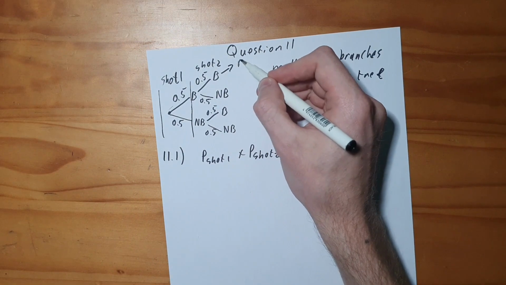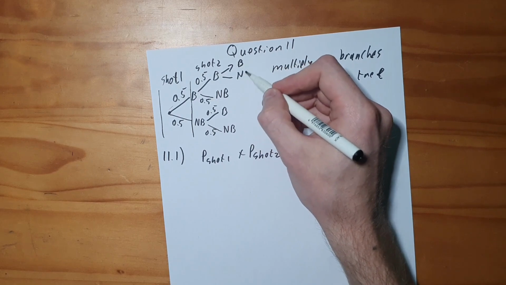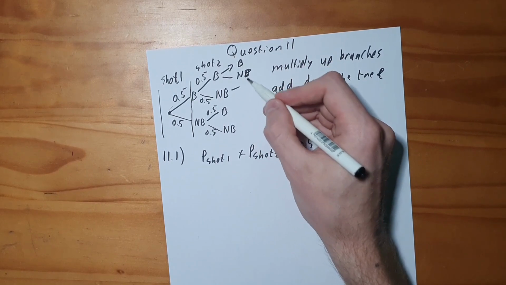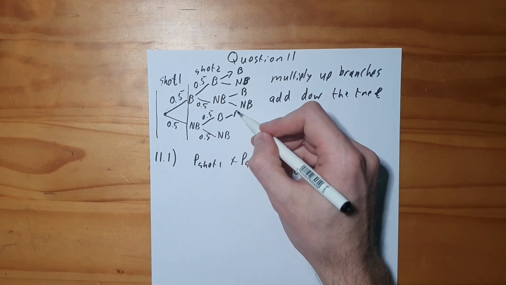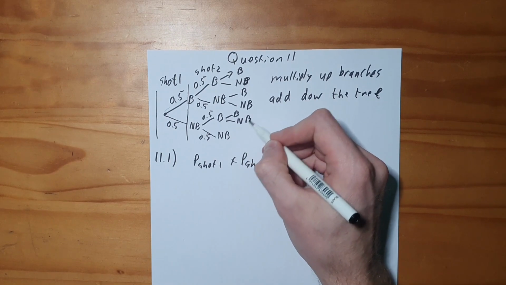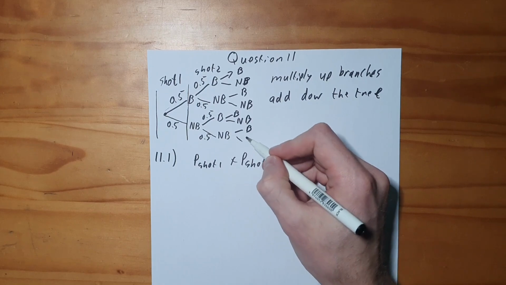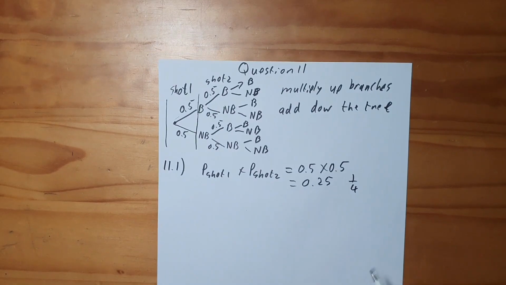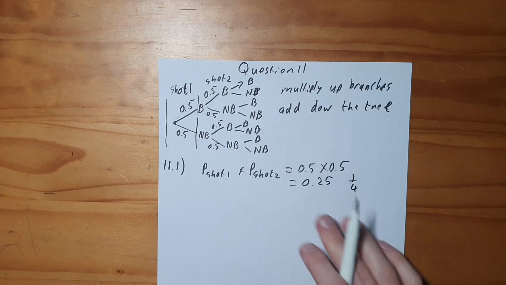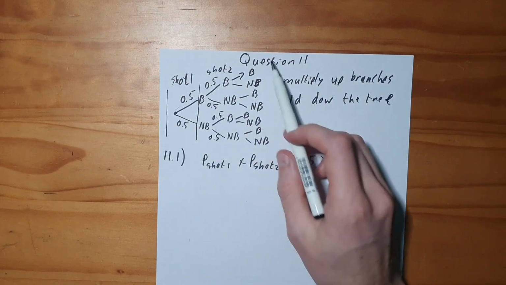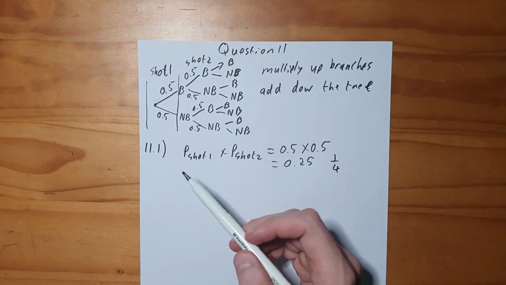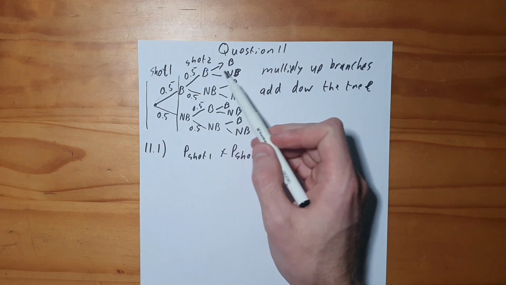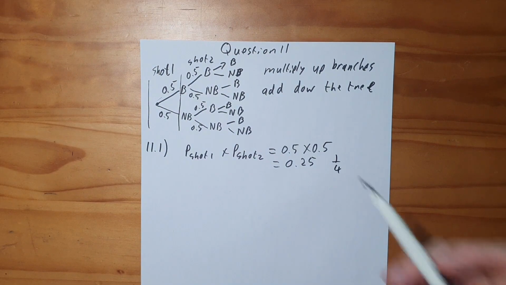So this will be a bull, that will be not a bull. Once again, all of these carry 0.5. So we now have 3 shots. So for the probability of him hitting at least 2, we go and find all the branches that have a minimum of 2 bulls in it.